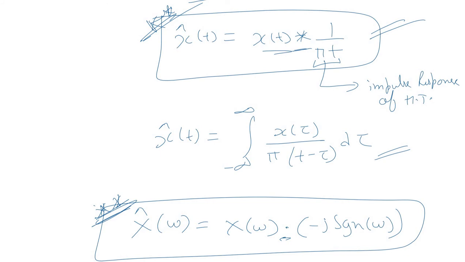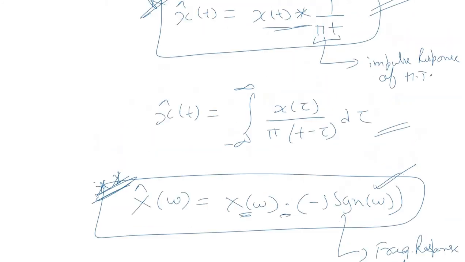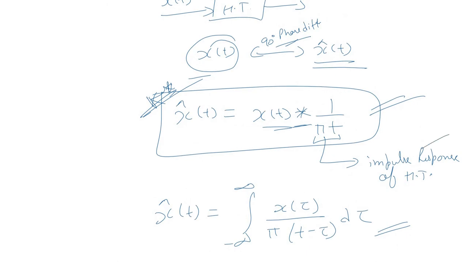The Fourier transform of x t is, let's say, x of omega. The Fourier transform of 1 upon pi t is minus j signum omega, as we have already seen. So minus j signum omega is the frequency response of the Hilbert transformer, and 1 upon pi t is its impulse response.